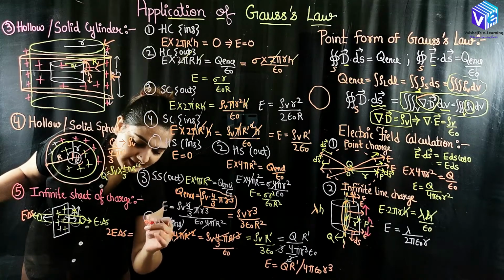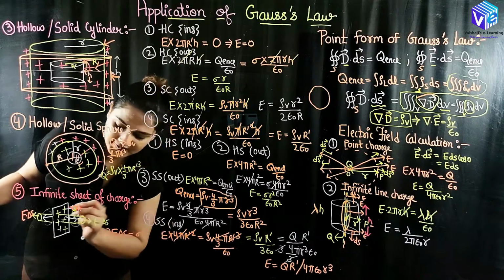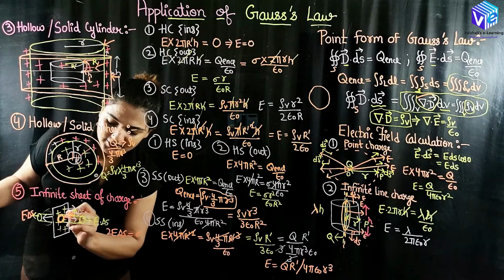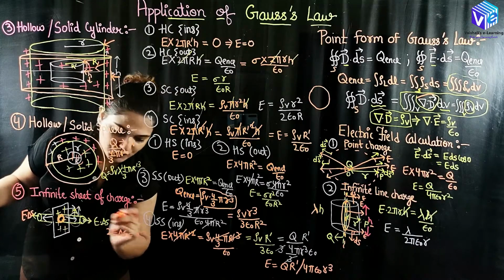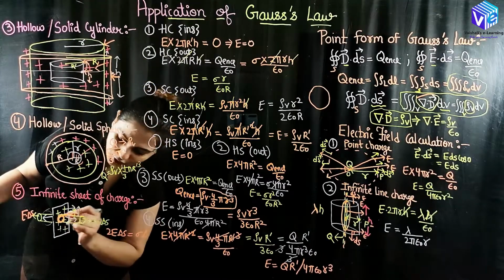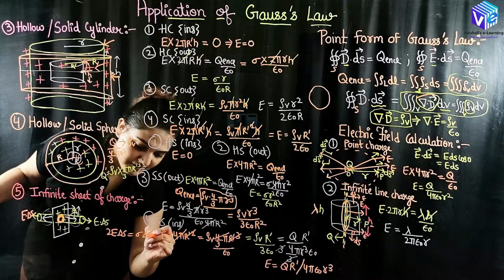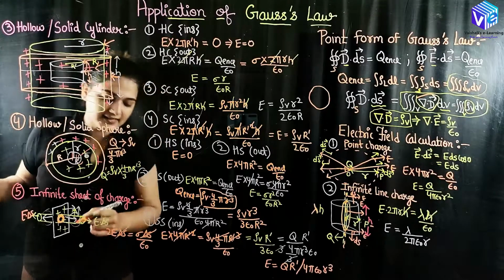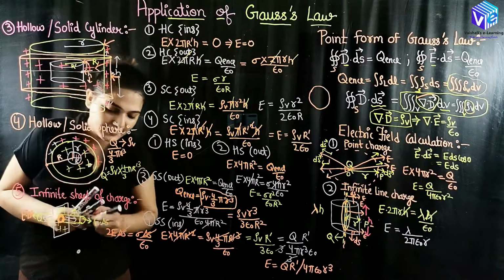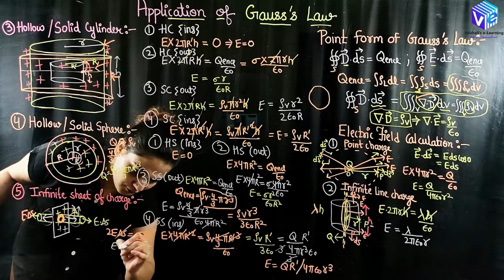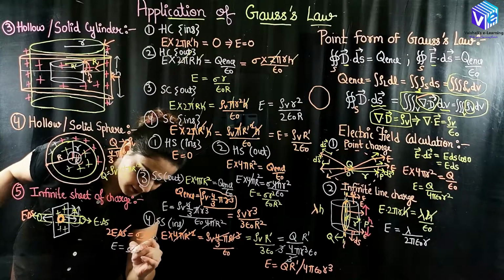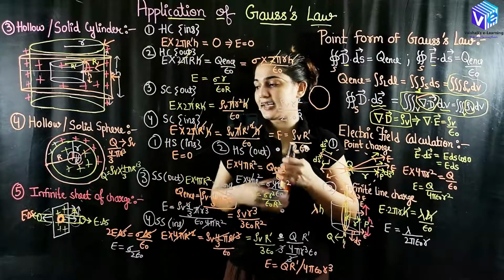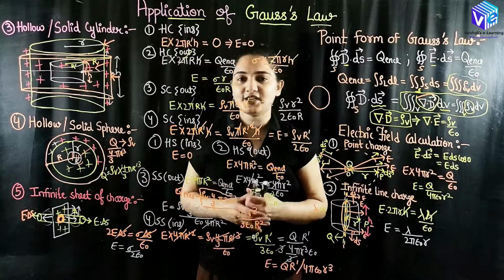So here I have taken the charge enclosed in terms of sigma, because there will be some area over which the charge is distributed. I have to find out this enclosed charge, so it will be sigma into the surface area. I have taken the surface area to be delta S, upon epsilon naught. So this delta S and this delta S will get cancelled out, and I will be getting E to be equal to sigma upon 2 epsilon naught. So this is how I can find out the electric field in the case of infinite sheet of charge as well.